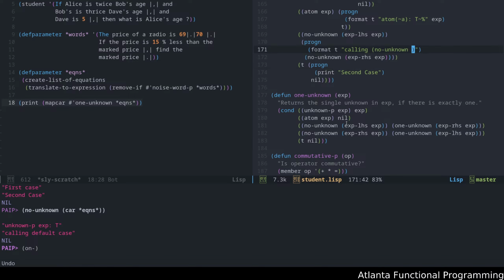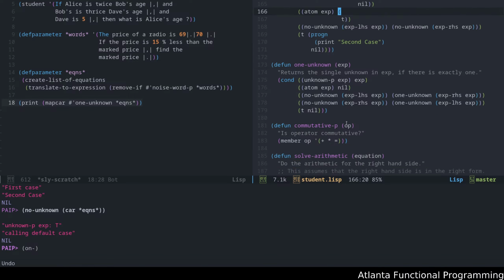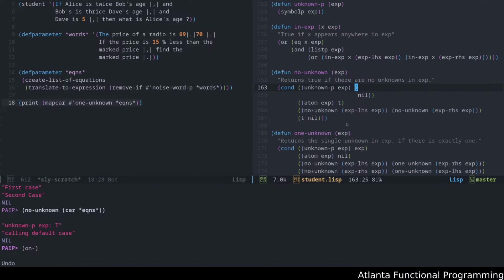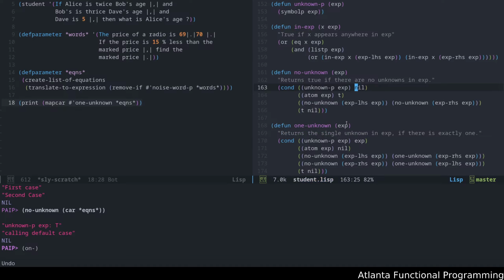Okay, so let's get rid of all these guys because they're not necessary. Okay, so we now know that. Okay, so now let's see here.